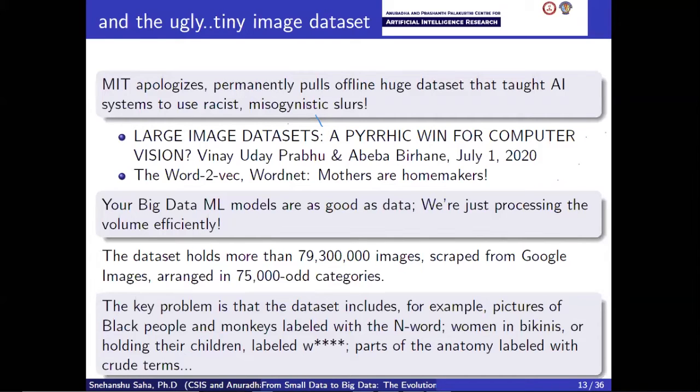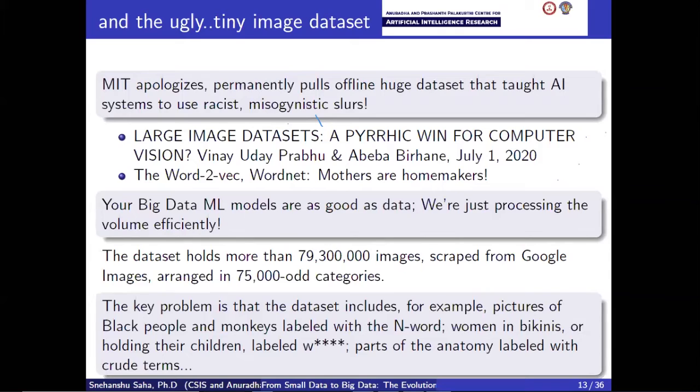What really happened is you add a new test image. Let's say there is an African American woman with a child in her lap. The label that turned out is an N word. You understand the N word, right? So that was the predictive labeling of that deep learning architecture curated out of that Tiny Images data set.